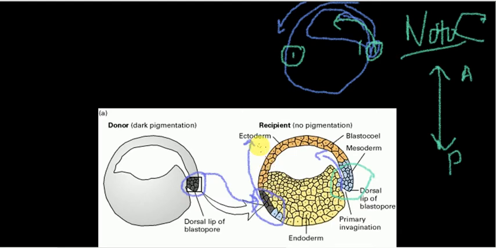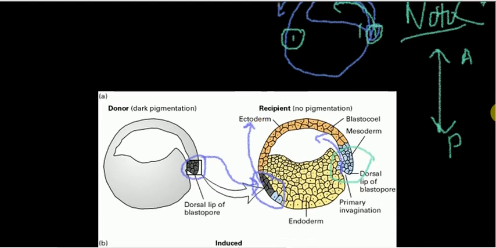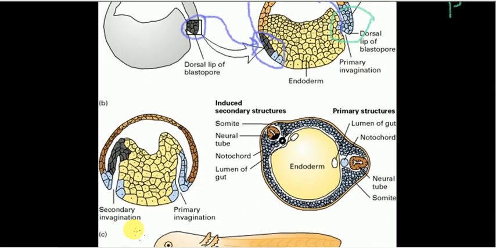And to their surprise, they found another dorsal lip of the blastopore where they had implanted the donor tissue, and the cells are involuting into the interior of the embryo through this dorsal lip, leading to the formation of another notochord.